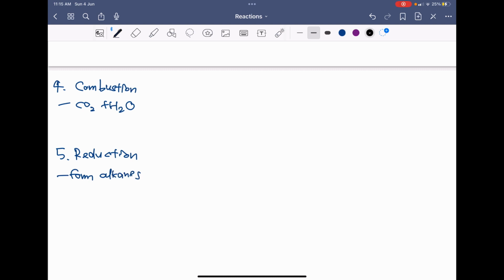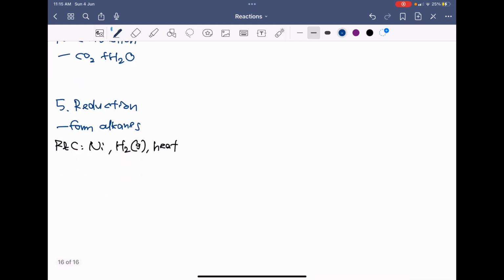What are the reagent and conditions? Nickel, H2 gas, and heat. So for example, then H2. See? So you go from an alkene to an alkane.